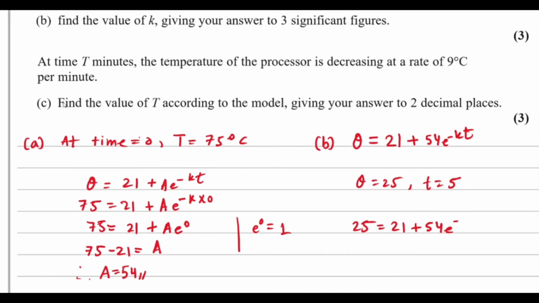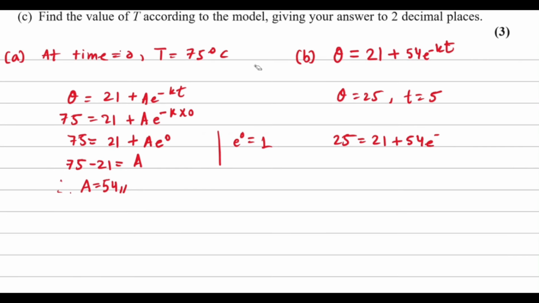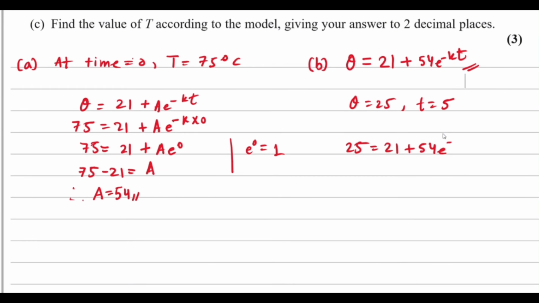So we can just substitute this into our equation. At first, I have modified this equation here. I have substituted the value of A to find this new equation where there is only one unknown, which is k.